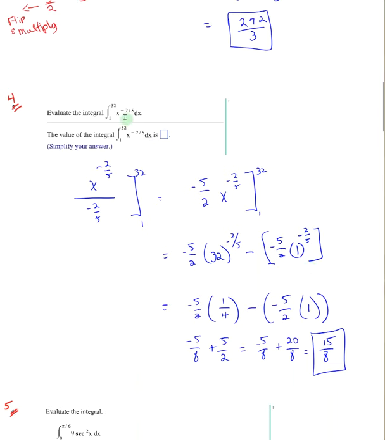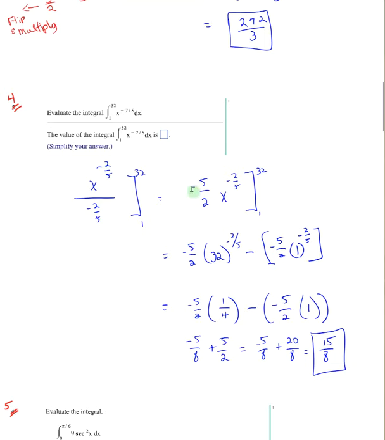We have x to the negative 7/5 integrated from 1 to 32. So when we do this, it's the same idea. We've got to add 5/5 to this number. So that becomes x to the negative 2/5 over negative 2/5. Flip this and multiply.